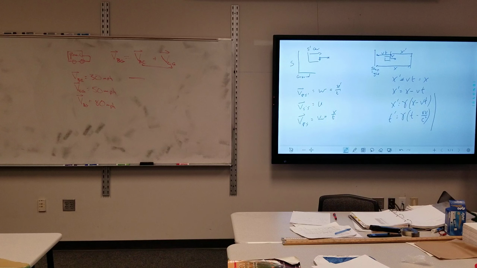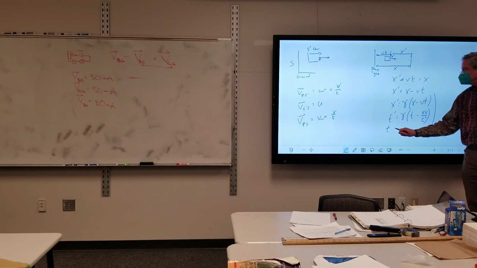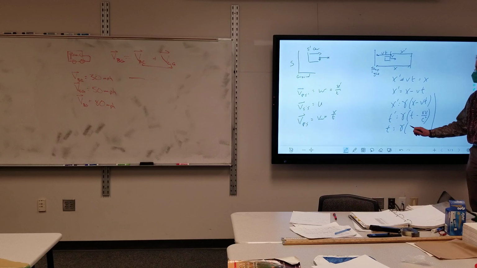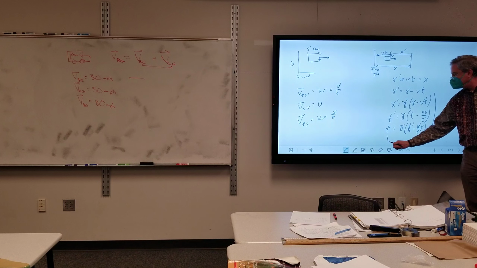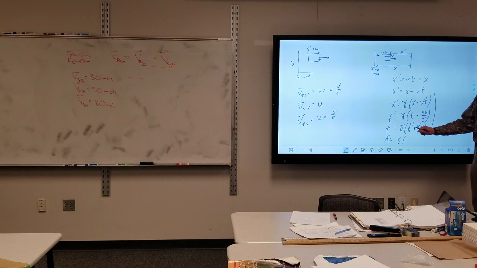And then there's the equivalent, you can solve for x and t, and I'll just throw them up for completeness here. t would be gamma times (t prime plus x prime v over c squared), and x is equal to gamma times (x prime plus vt prime). These are known as the Lorentz transformations.